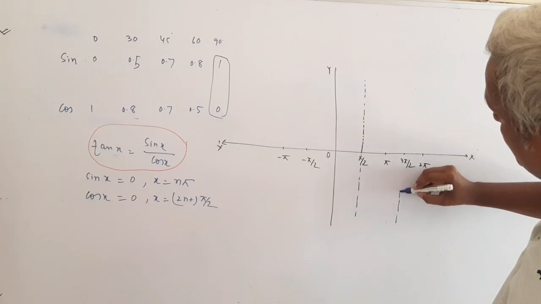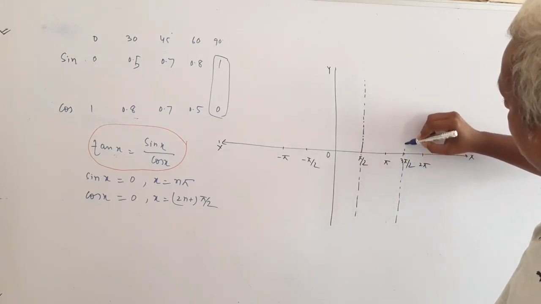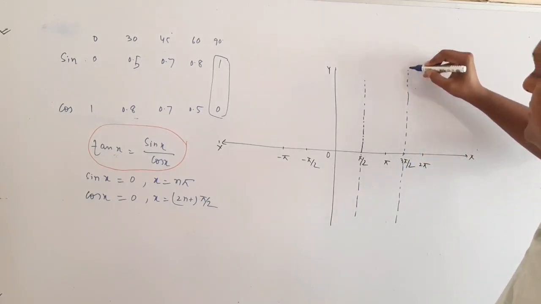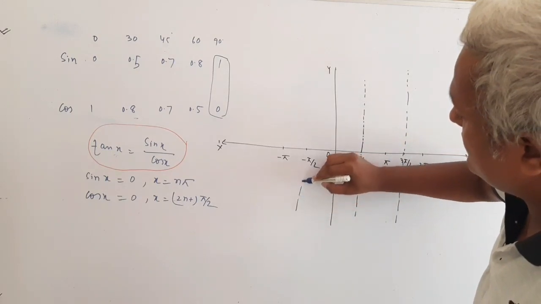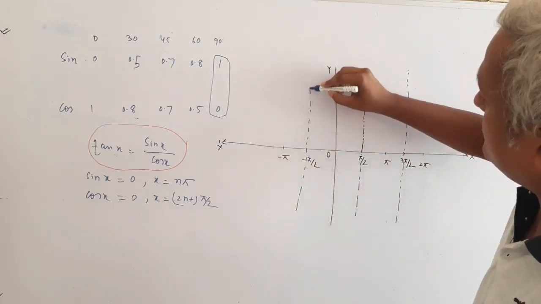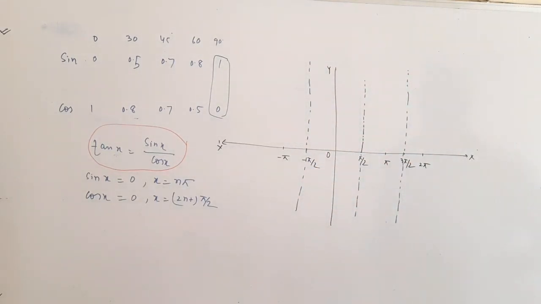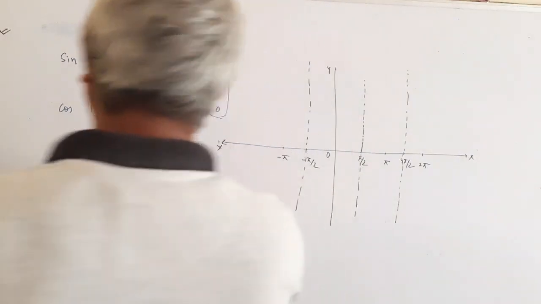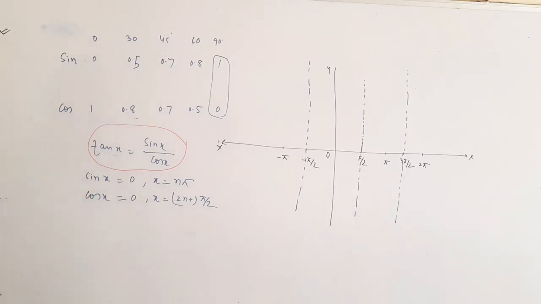So cos is 0 at the odd multiples of pi by 2. At 3 pi by 2 also I have to draw this, and here also I have to draw something like that. And then when you find tan 0, what do you see? 0 over 1, that is 0. So the graph will pass through this point.